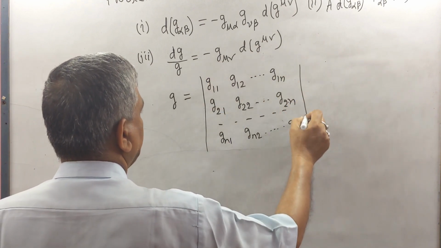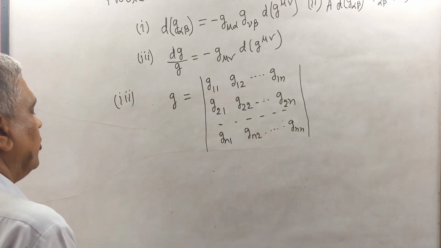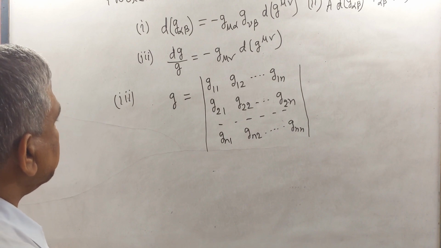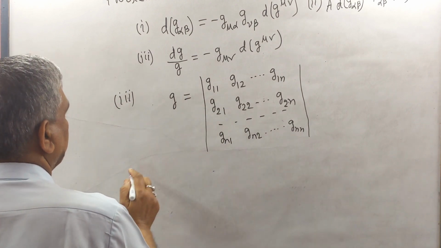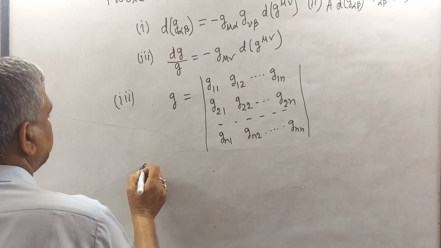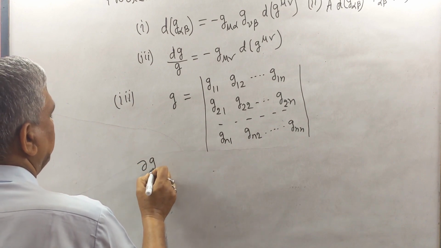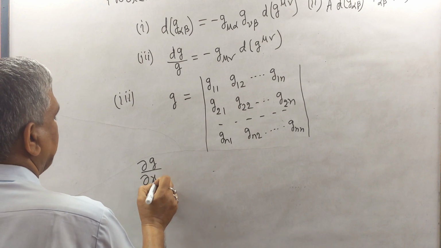This is the value of the determinant of metric tensors. If we differentiate both sides with respect to xk, del g by del xk.